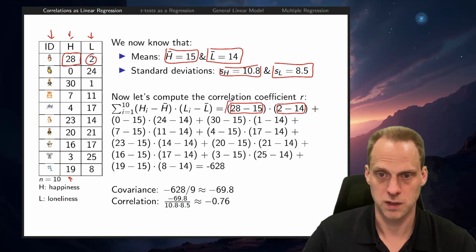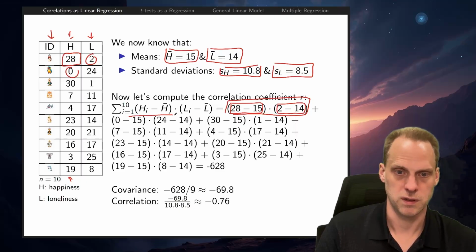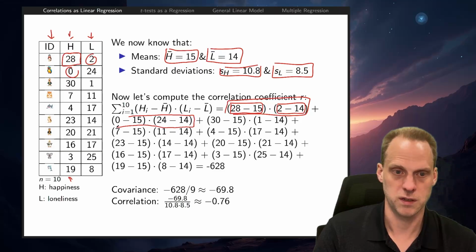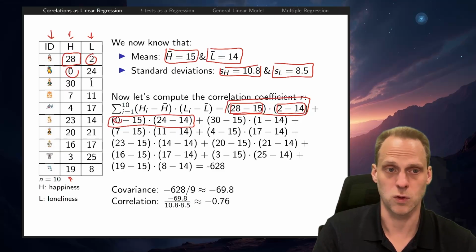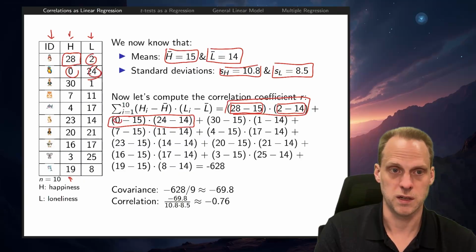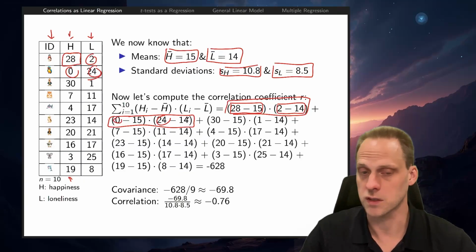Then we do the same for the parrot: 0 minus 15, the score minus its mean, and 24 minus the mean of loneliness, etc., etc.